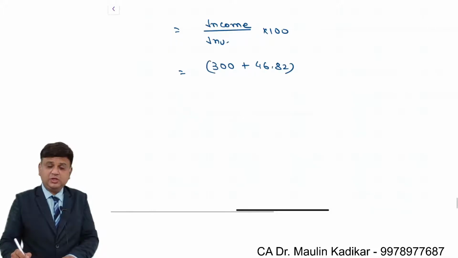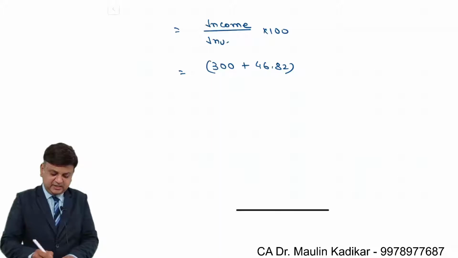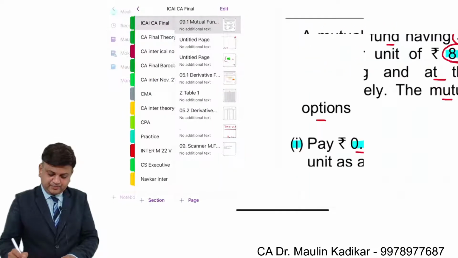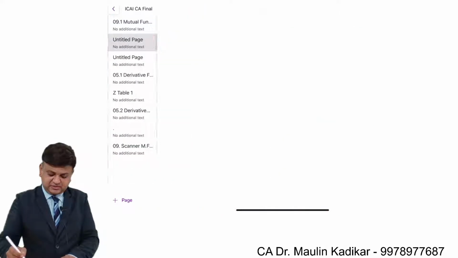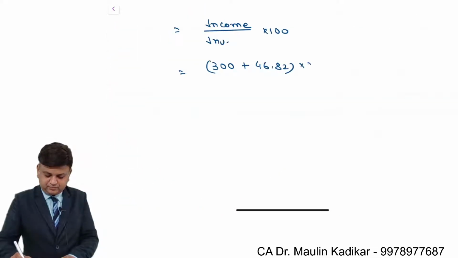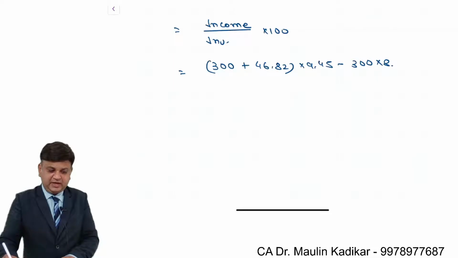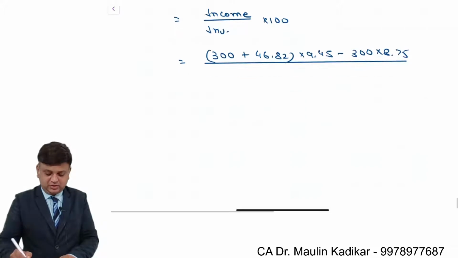So this is the total number of units held by the investor at the end of the period. The NAV at the end of the period is 9 rupees 45 paise, minus 300 units at the NAV of 8 rupees 75 paise, whole divided by 300 into 8 rupees 75 paise into 100 for getting the answer in percentage terms.